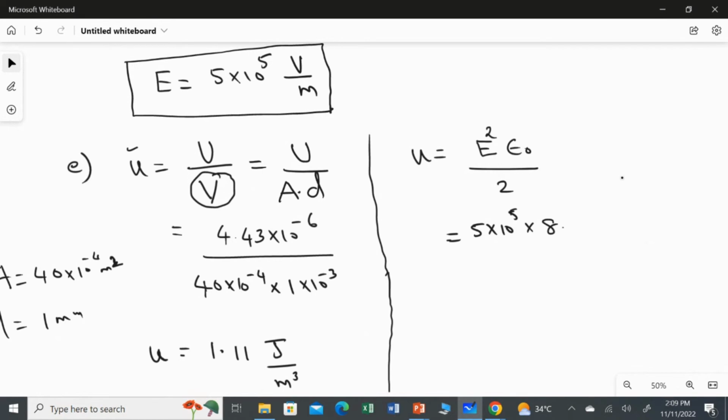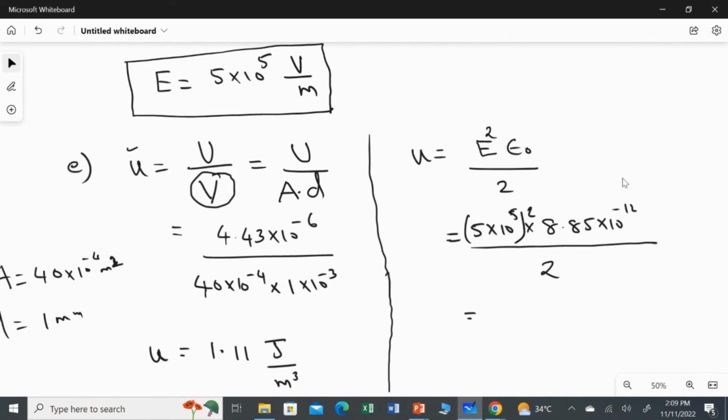8.85 multiplied by 10 power minus 12 Coulomb square over meter square. So I'm going to calculate 5 10 power 5 multiplied by 8.85 10 power minus 12 over 2. Oh, sorry, this is square, am I right? I forgot the square.